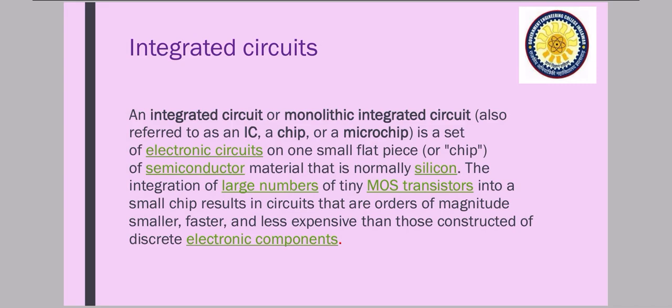The integration of a large number of tiny MOS transistors into a small chip results in circuits that are orders of magnitude smaller, faster and less expensive than those constructed of discrete electronic components.